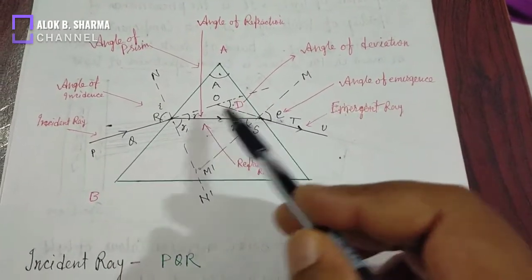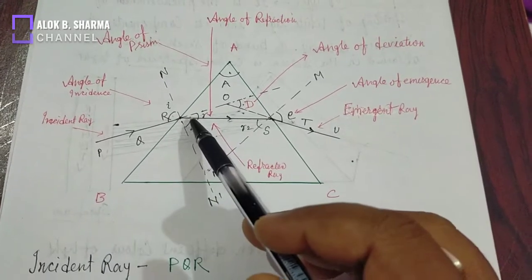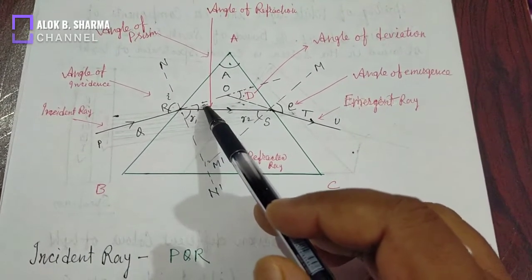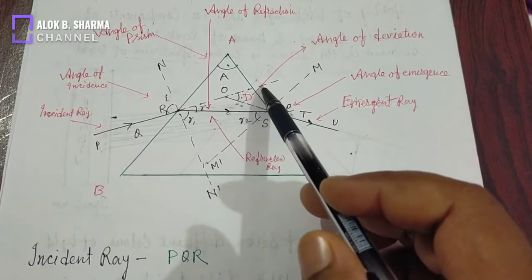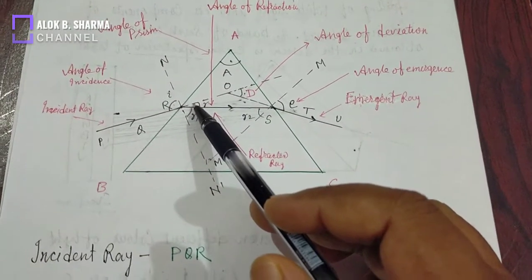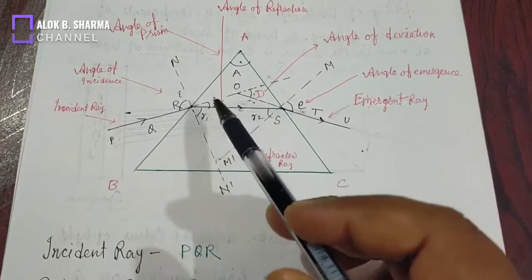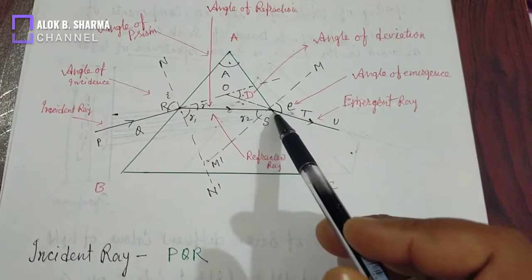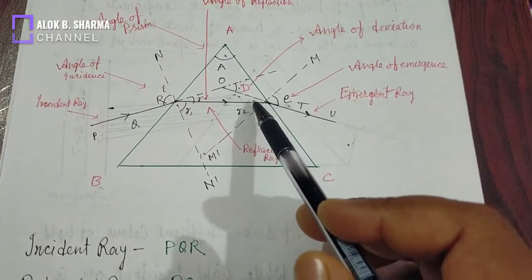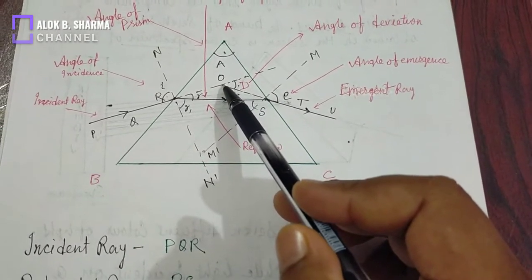How it forms? When the incident ray falls on the prism, actually this is the imaginary path of incident ray. When we produce it with dotted line forward and the emergent ray with dotted line backward, then there is a point where two rays meet.